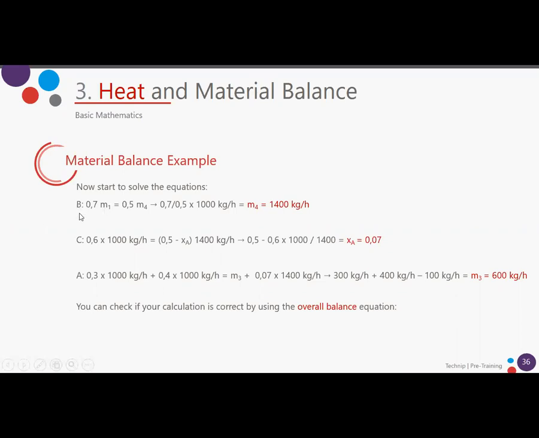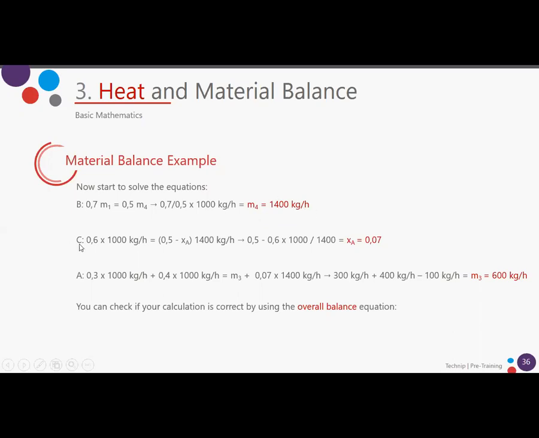We know that M2 is 1,000 kilograms per hour. So then we can solve this equation for component B and know that the mass of stream 4 is 1,400 kilograms per hour.